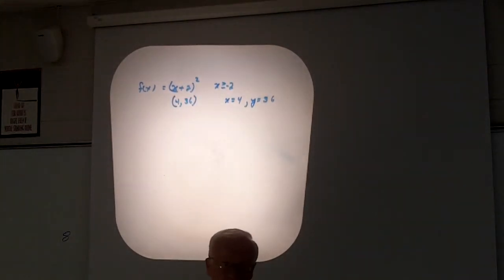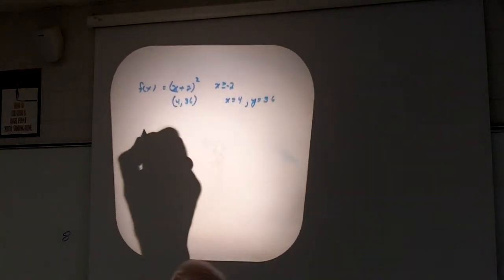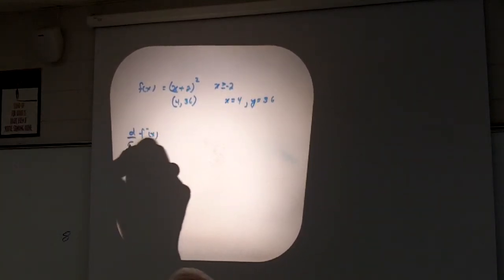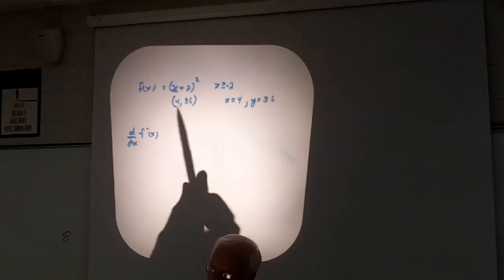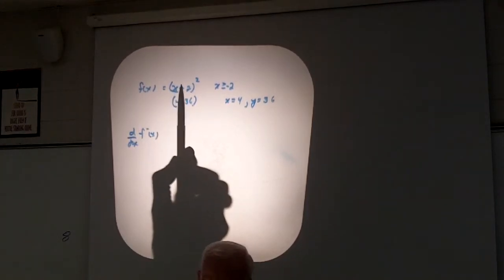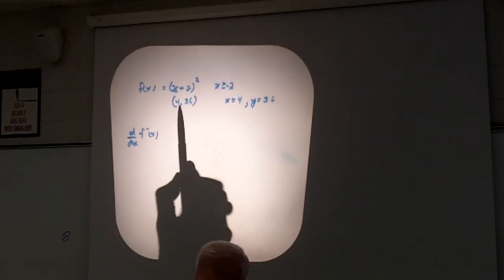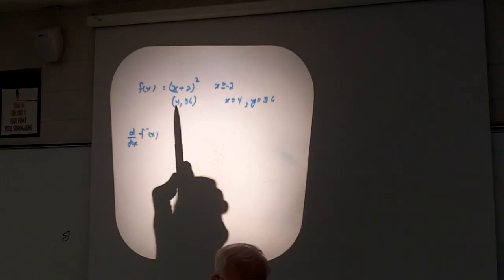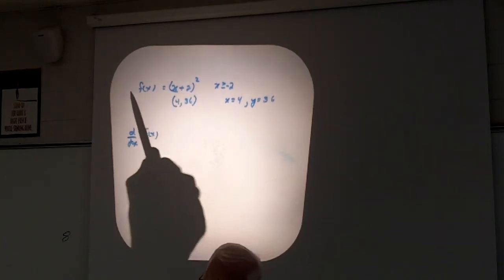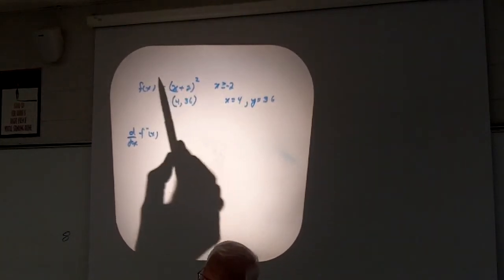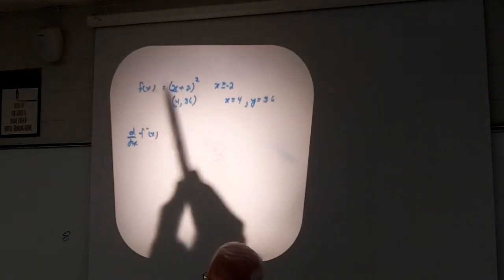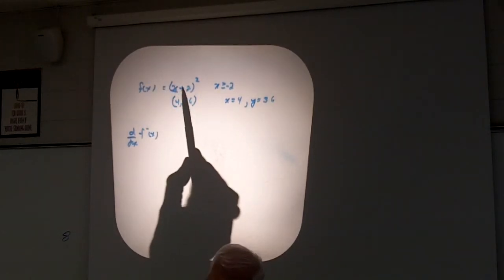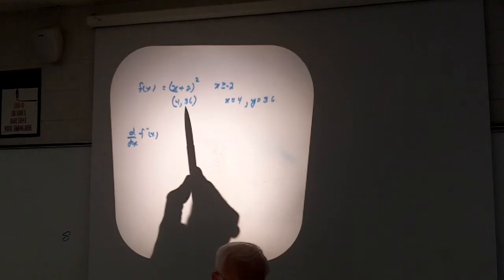Now I would like to know what the derivative of f inverse of x is at this point. What is the derivative of the inverse of this function at this point? Here's my function, here's a point. I would like to know what the inverse derivative is at this point.